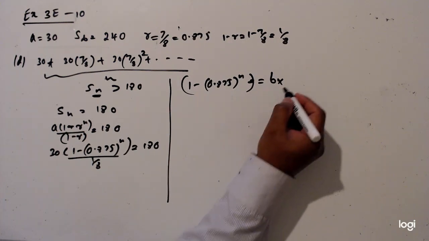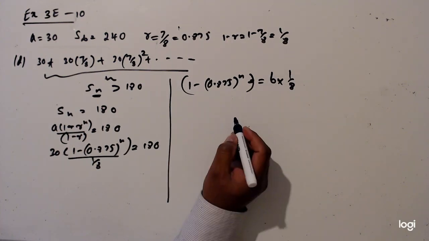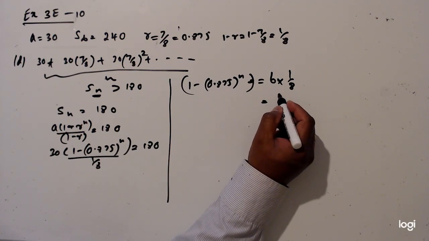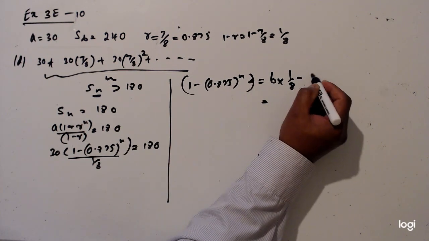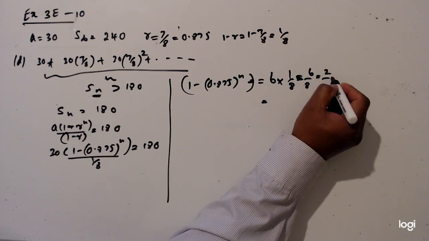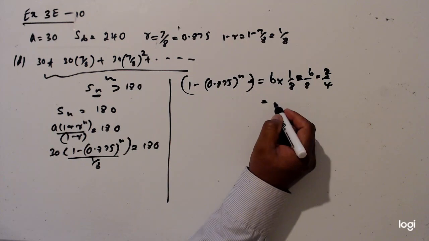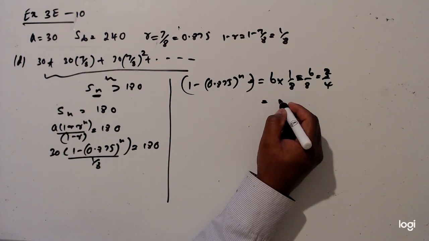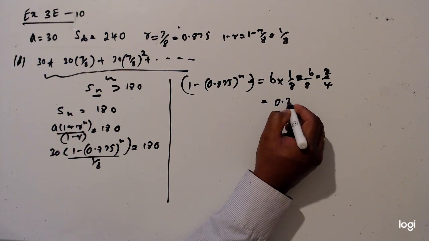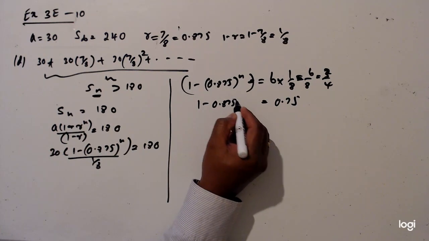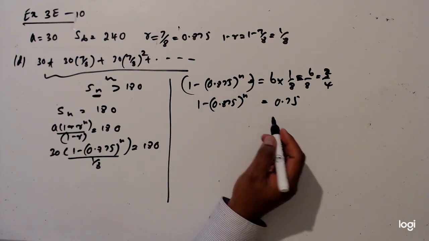6 times 1 over 8, so that is going to be 6 over 8, that is 3 over 4. So 3 over 4 means 0.75.